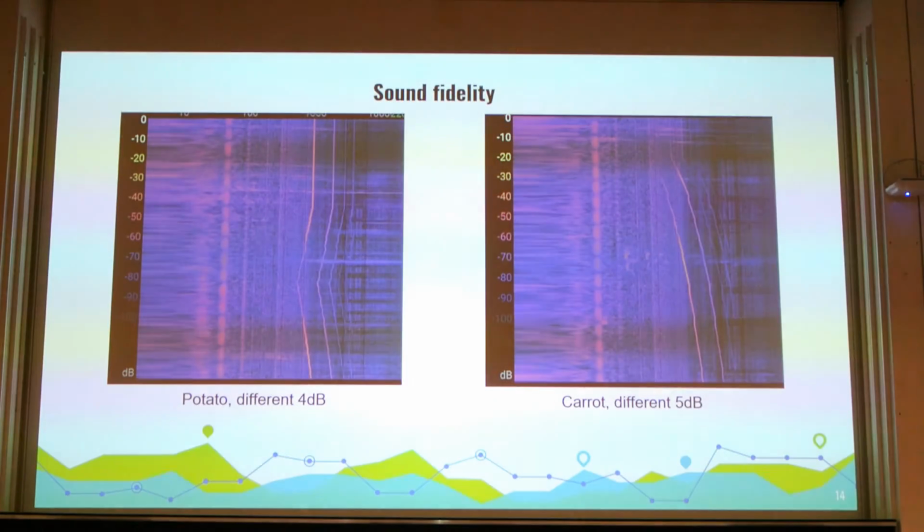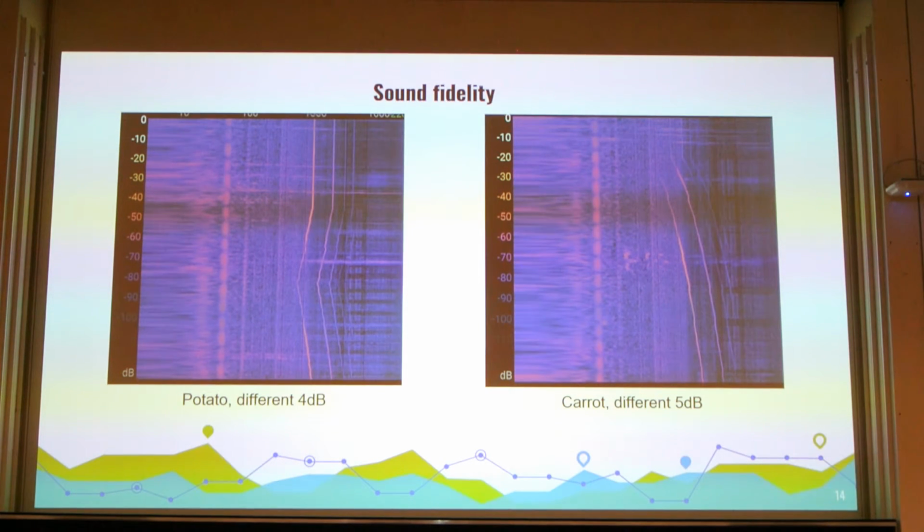What about sound fidelity? So this is the change of frequency over time. On the bottom we have frequency, on the left we have signal volume. So we see 4 lines, and their color describes how loud they are in decibels.